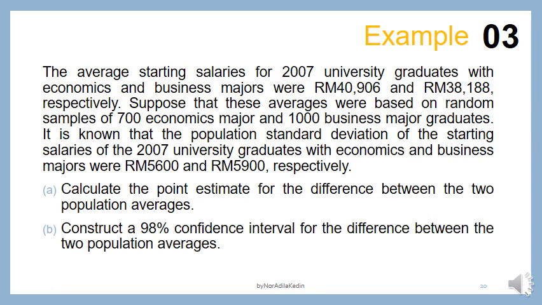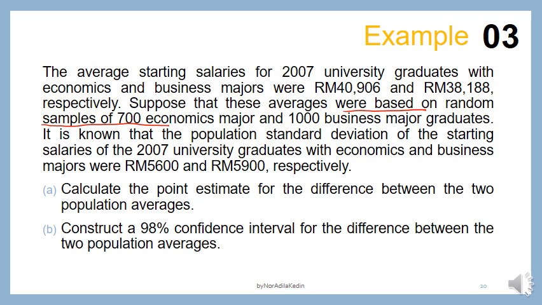So kita tengok example. The average starting salaries for 2007 universities graduate with economics and business major were 40,906 and 38,188 respectively. Suppose that these averages were based on random sample of 700 economic major and 1,000 business major graduates.